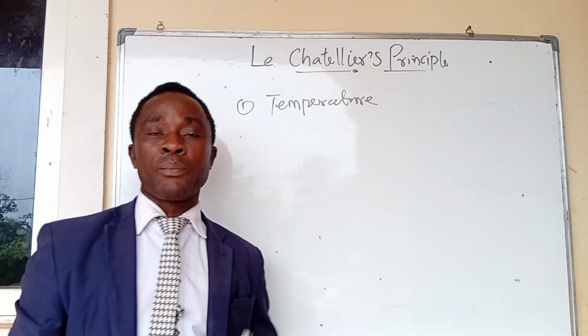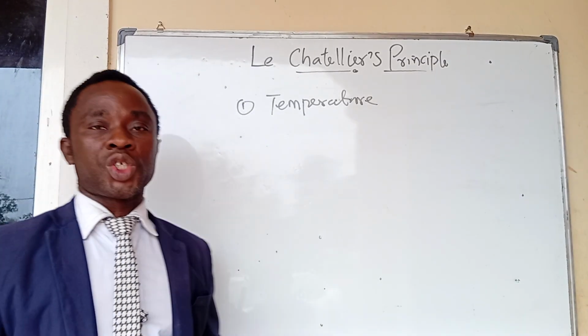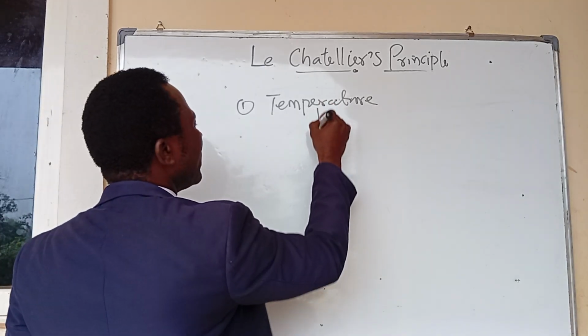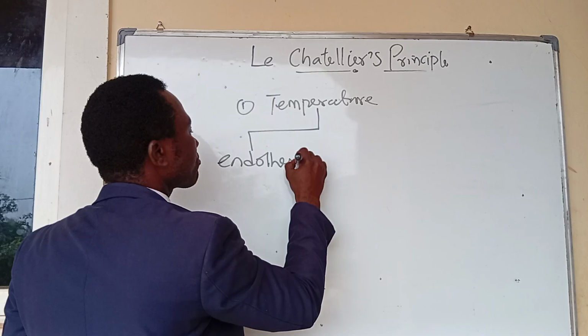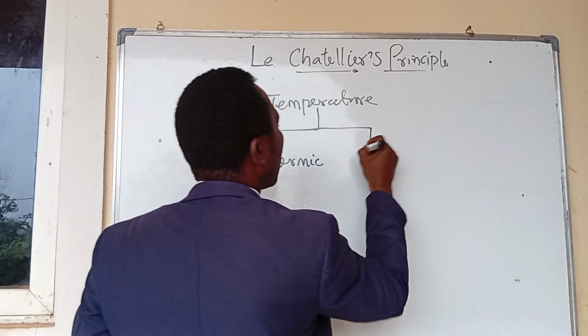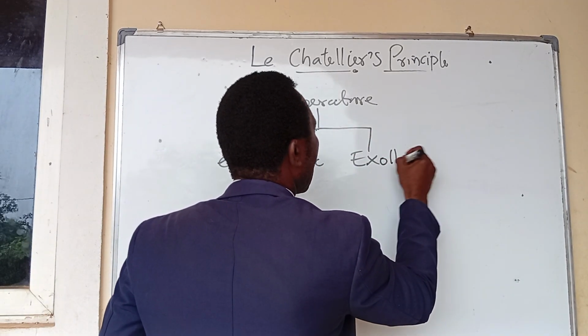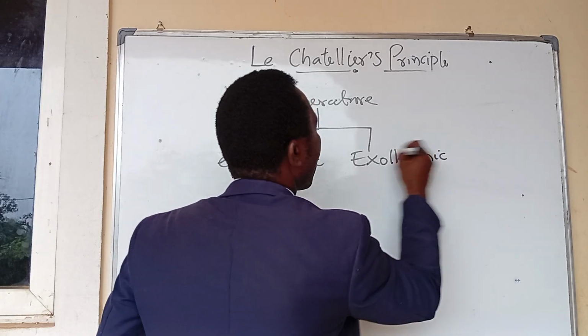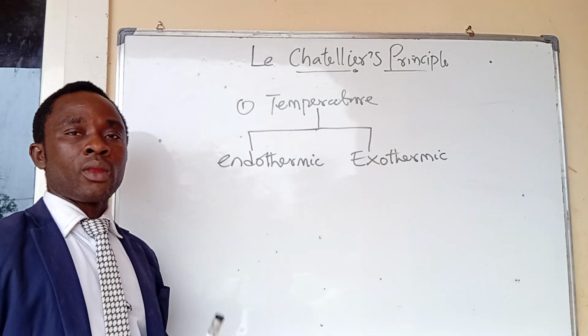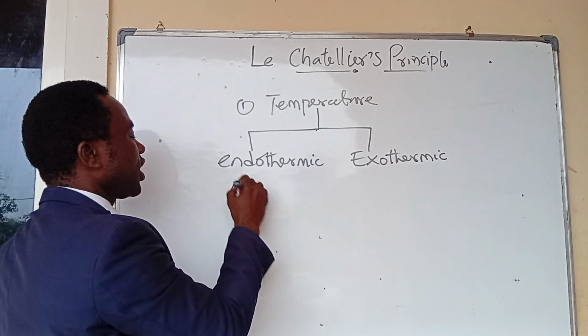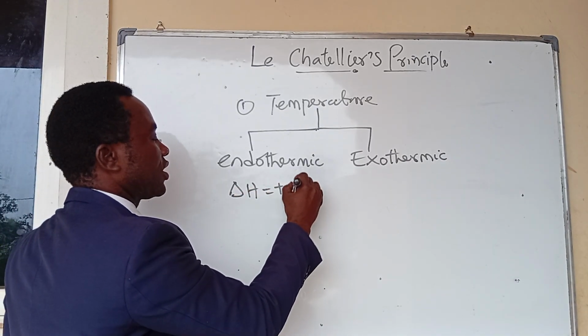The effect of temperature on equilibrium position will depend on whether the reaction is endothermic or exothermic. Remember, endothermic reactions are those reactions in which heat is absorbed. Their change in enthalpy is positive.